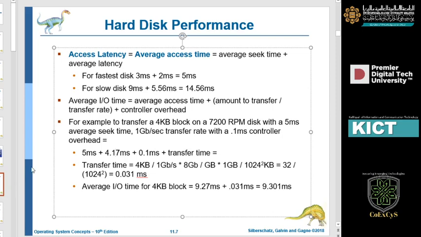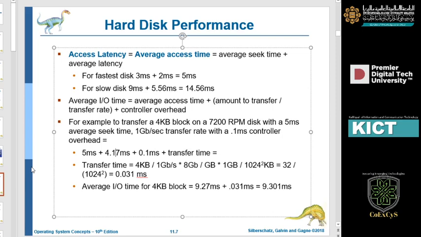For example, if you are given a disk to transfer a 4 kilobyte block on a disk that spins at 7,200 rpm with a 5 millisecond average seek time, then you are able to calculate the delay.